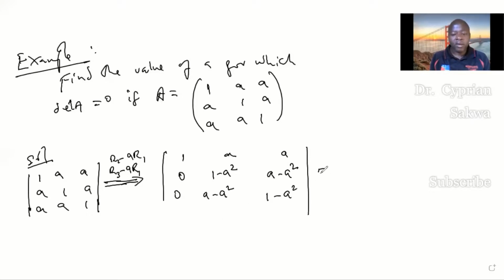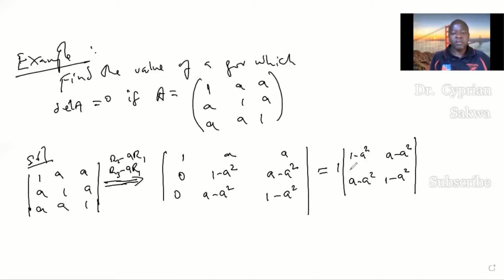Now, I can find the determinant of this matrix. Along this column, it will be this one times the matrix that is left when you delete the row of 1 and the column of 1. When you delete the row of 1 and the column of 1, what you have is 1 minus R square, R minus R square, R minus R square, and this is 1 minus R square.